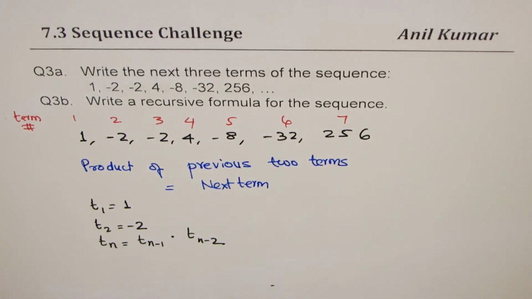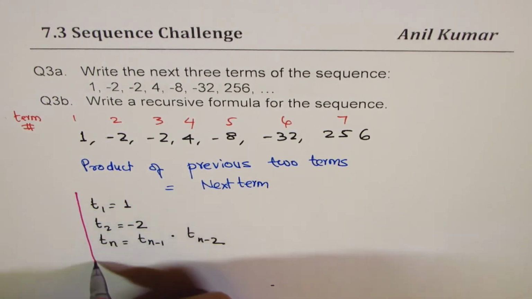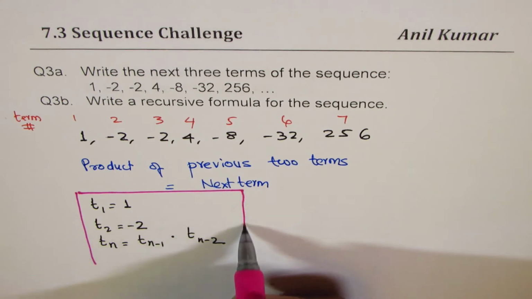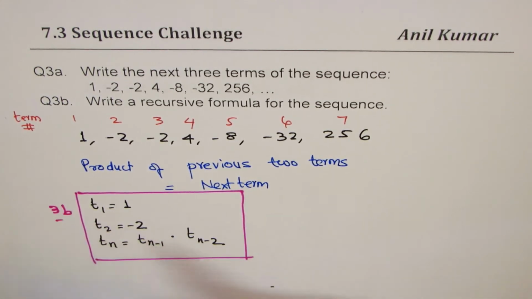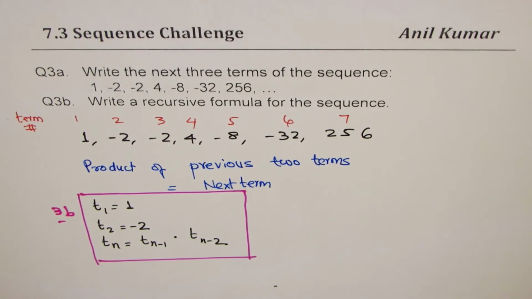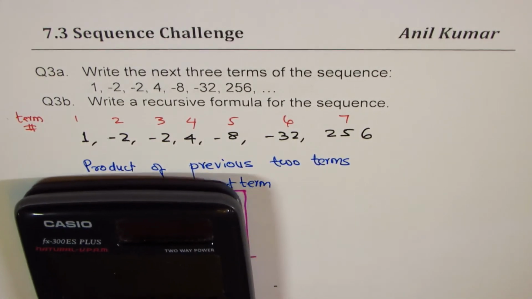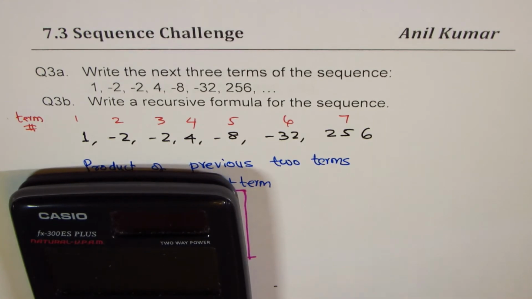So that becomes the recursive formula for us. So I took the liberty of writing the recursive formula first, which is 3b. And now we'll actually use the calculator, multiply the previous two terms, and write down the next term.